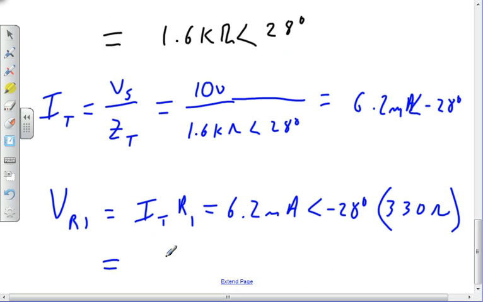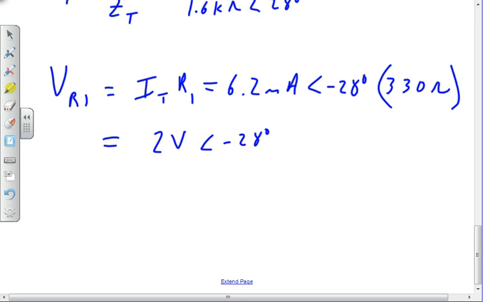Okay, so I've got 6.2 milliamps already in my calculator times 330 equals 2 volts. So we'll call it 2 volts angle minus 28 degrees.